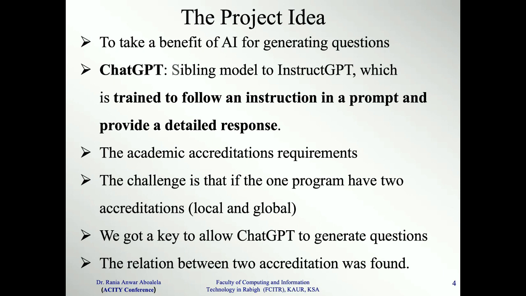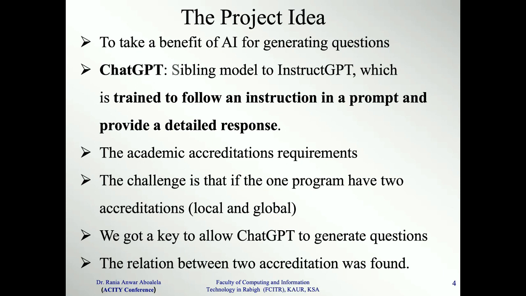I allow ChatGPT to generate questions instead of the instructor, follow the instructor methods and create the questions based on the accreditations.